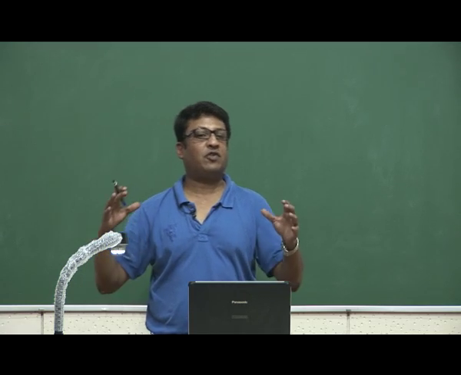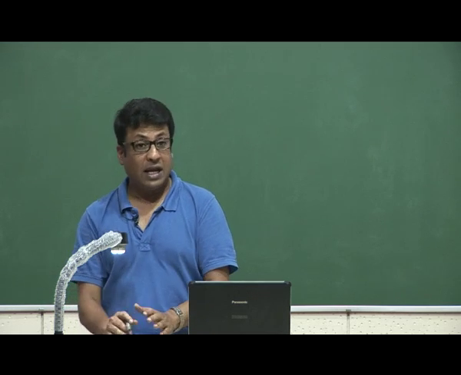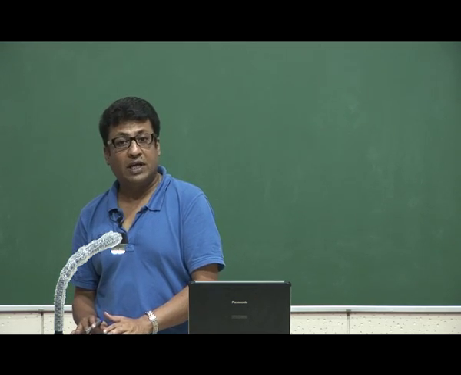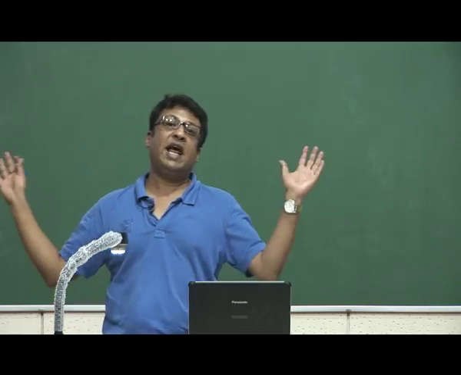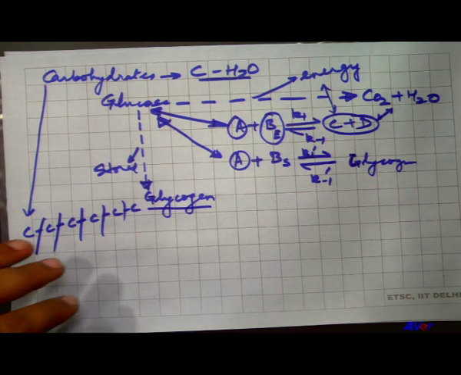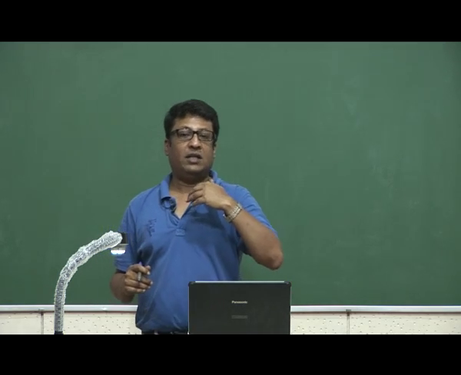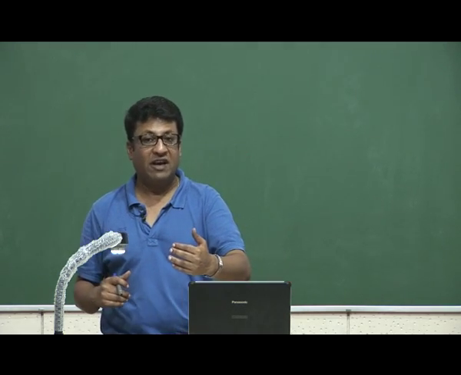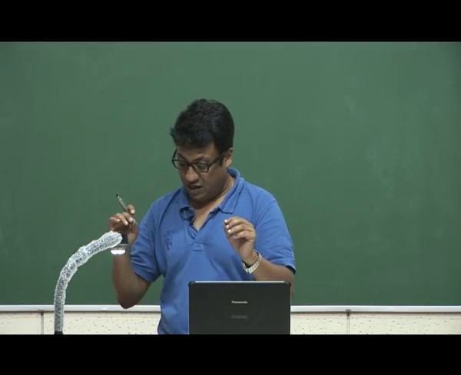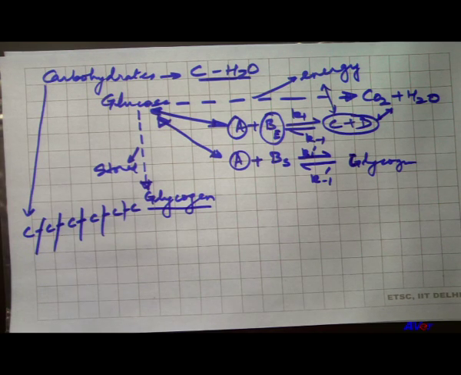So, that means we have so much extra glucose in our system that whatever B can actually react with glucose is busy reacting with glucose. There is no more glucose which can come and bind to it. That means I have reached a threshold concentration of glucose which is saturating B. In that case I am still producing energy, but now I have excess glucose.